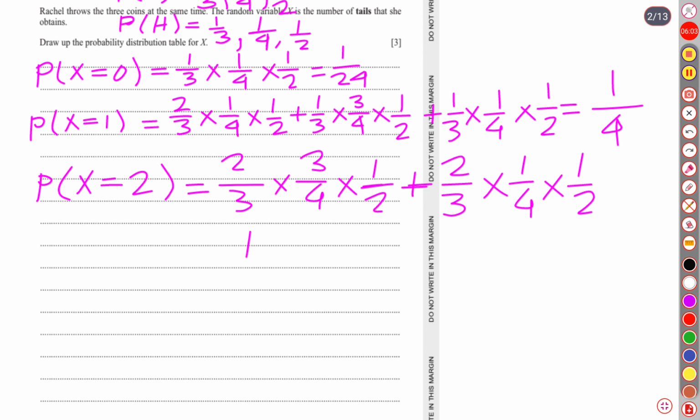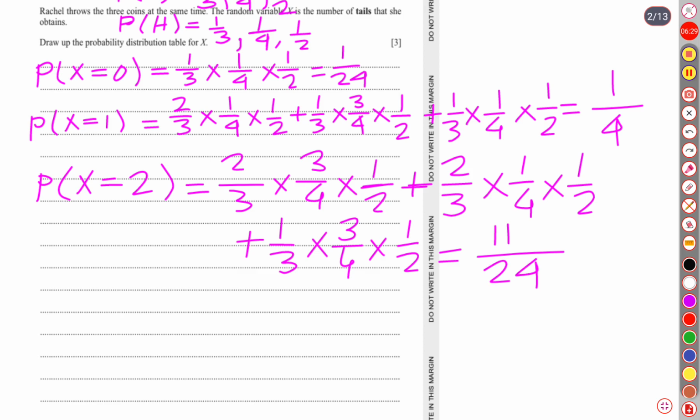For the third case, the first one is head but the second two are tail. So for the second two, 3/4 into half. So finally our probability is going to be over 24, then 6 plus 2 is 8, 8 plus 3 is 11. It is 11 over 24.